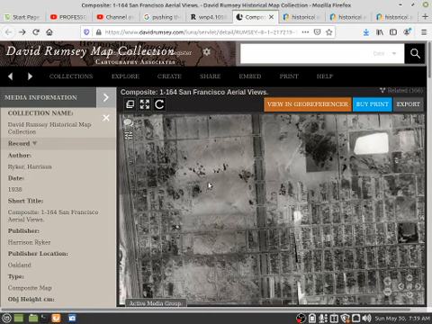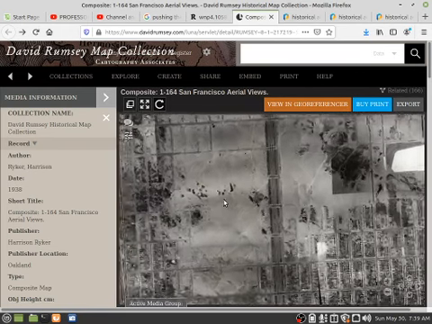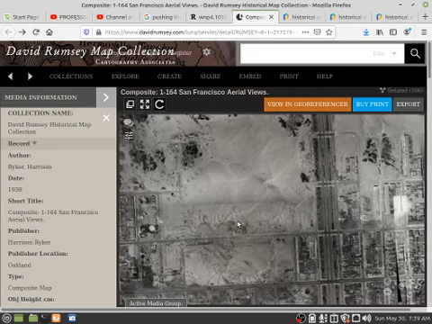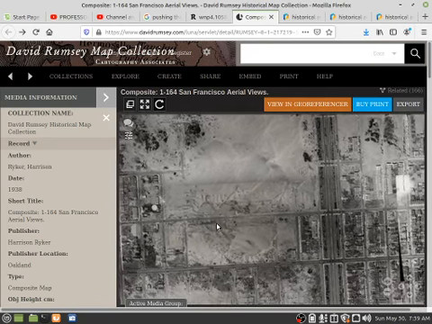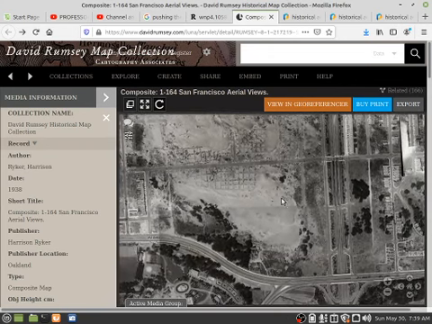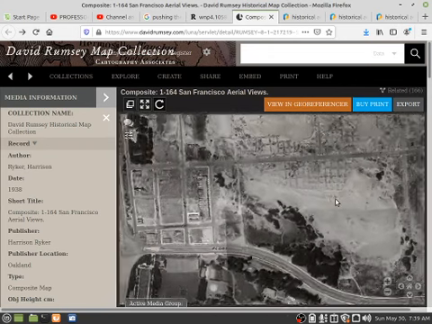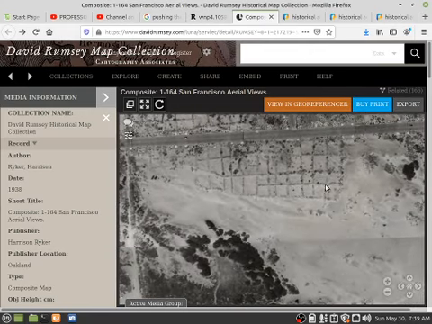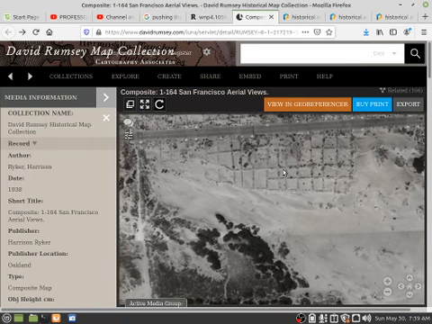So, this sand didn't disappear. Obviously it had to be removed somehow. And then under the sand, there's obviously, I guess, street grids or property, I don't know.